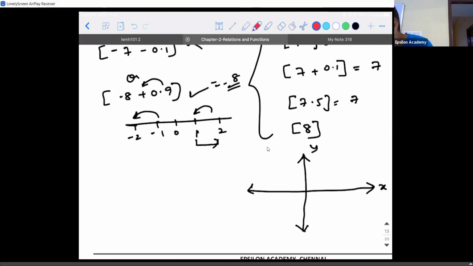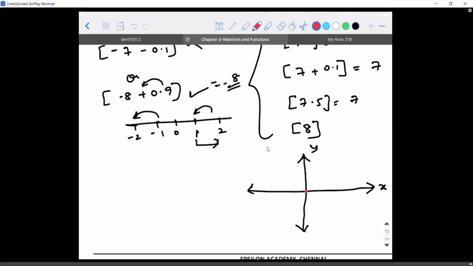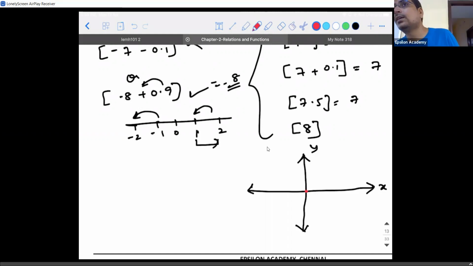The greatest integer of an integer is the integer itself. 0. Greatest integer of 0.1 is 0, of 0.2 is 0, of 0.235 is 0. Till I come close to 1, the greatest integer is going to be 0.